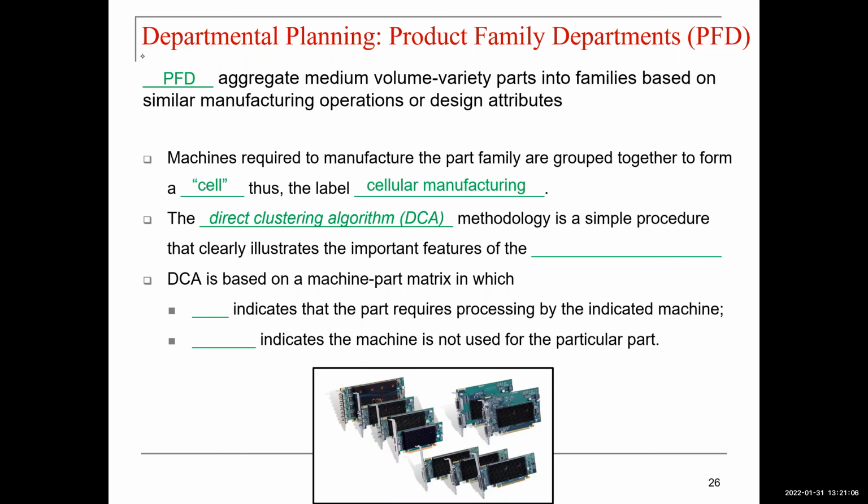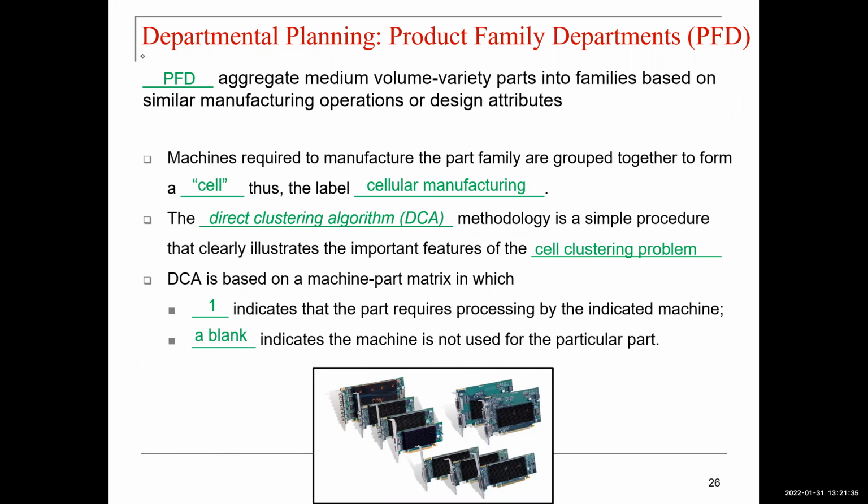We have an algorithm that we're going to discuss this afternoon. It's called the direct clustering algorithm, or DCA. It's a simple procedure that clearly illustrates the important features of the cell clustering problem. The direct clustering algorithm is based on a machine part matrix in which 1 indicates that the part requires processing by the indicated machine.